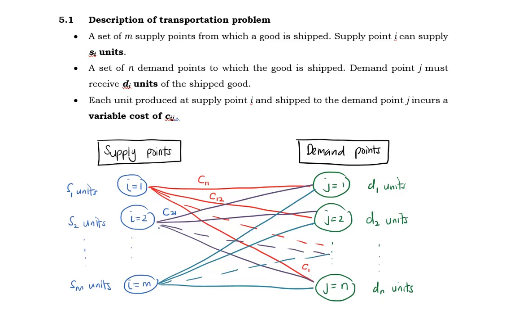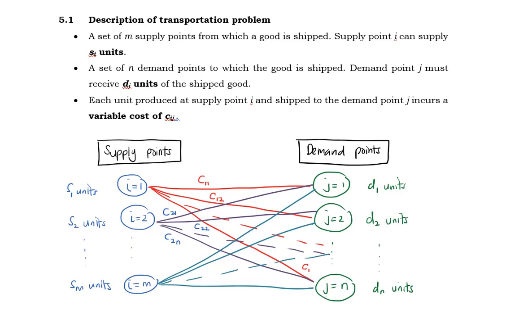So we can write the cost from every supply point to the demand points. c22 is the cost from the second supply point to the second demand point, and c2n is the cost to deliver goods from the second supply point to the n-th demand point.